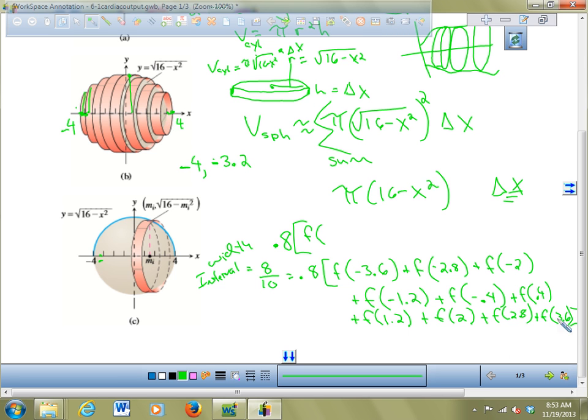And then you just plug all that into your calculator and get the answer.